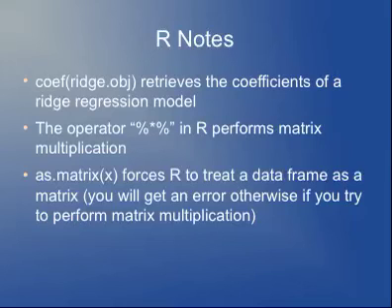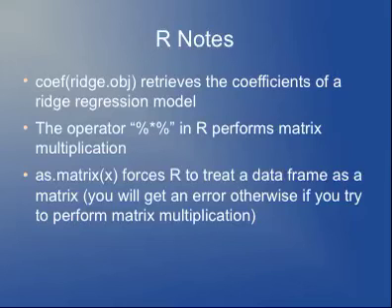And this as.matrix command that I guess I forgot to explain on the previous slide is another one of those annoying R things. If you do read.csv in R, by default it will store it in a data structure called a data frame.